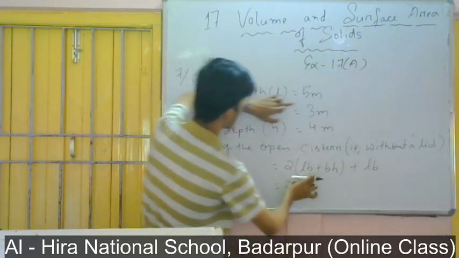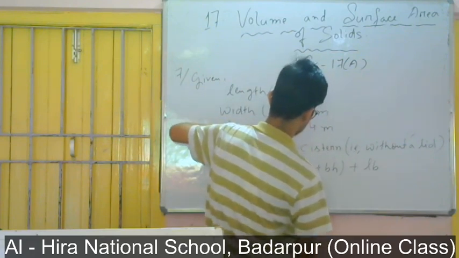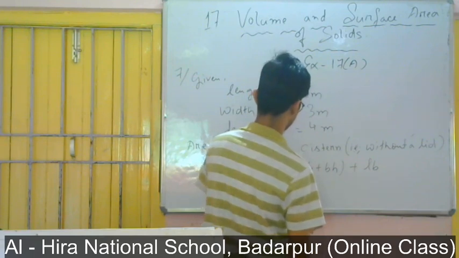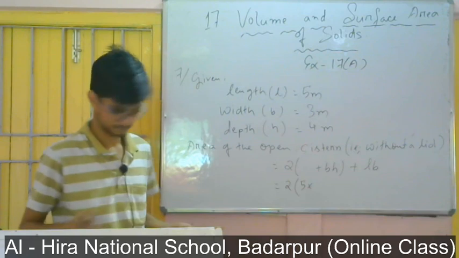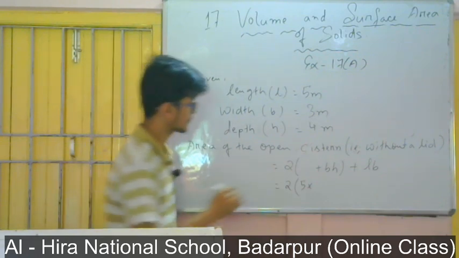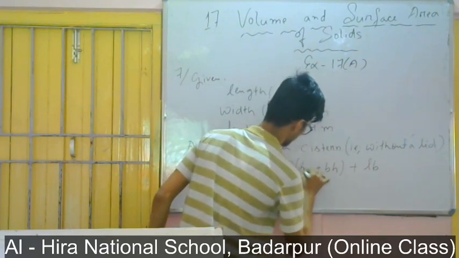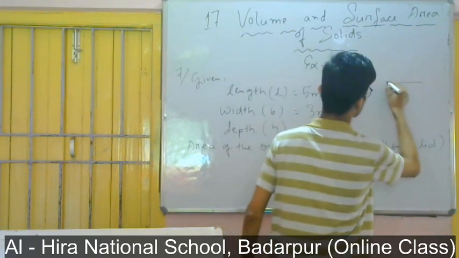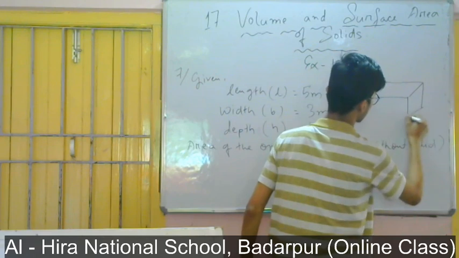We know length is given as 5, breadth is given as 3. How it will be LB, right? It will be HL, not LB. You write it as HL, not LB. HL plus BH, because you see it is the cuboid.